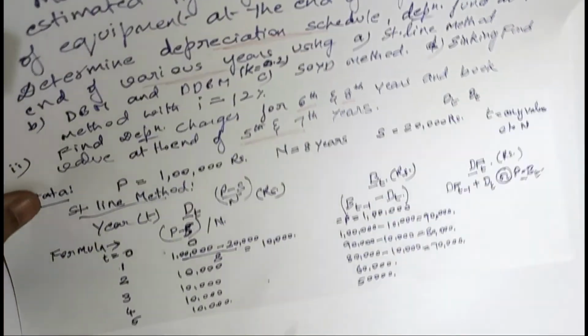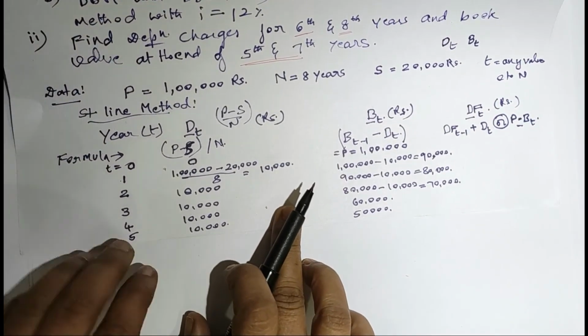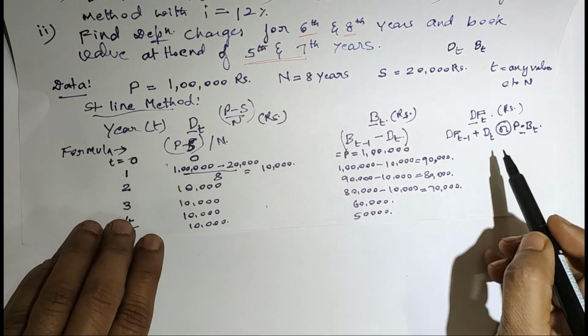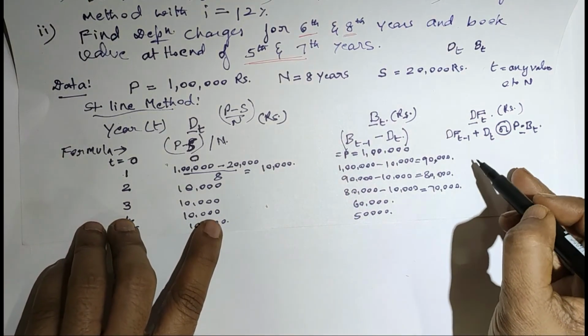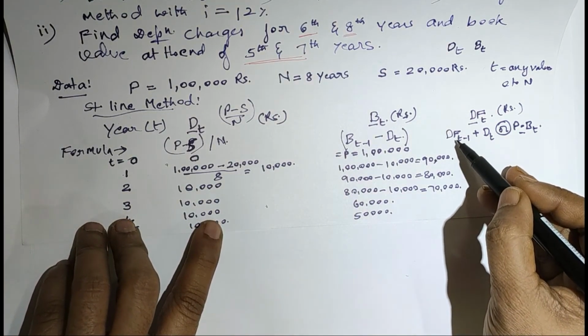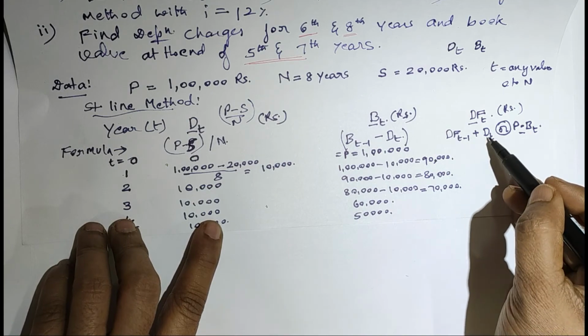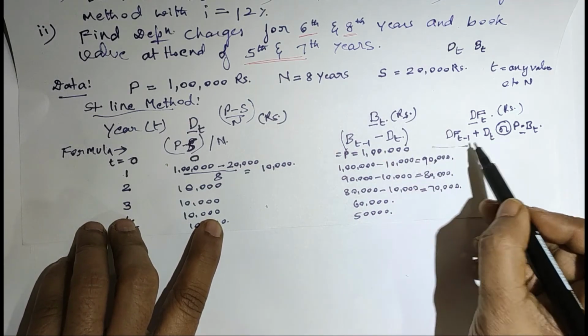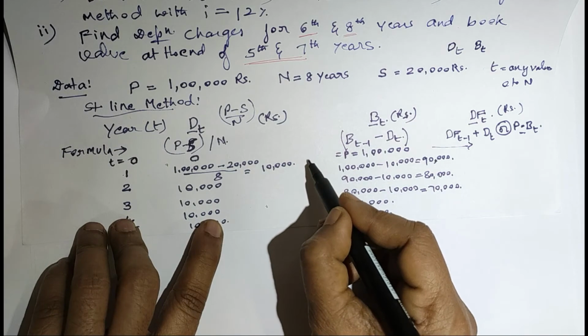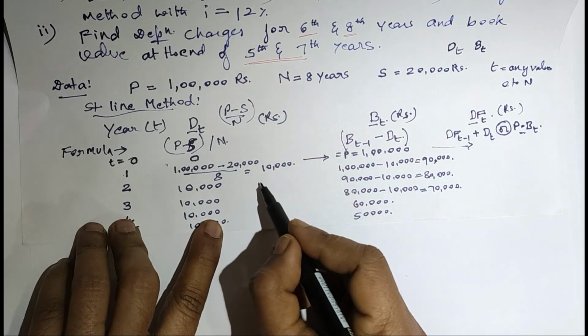Now I will go back to the previous sheet. So let us calculate the depreciation fund. Here the formula is previous year depreciation fund plus depreciation charges. For the 0th year there is no depreciation fund.